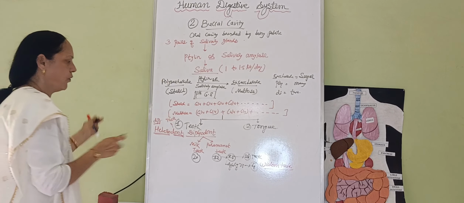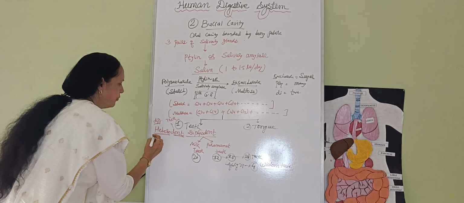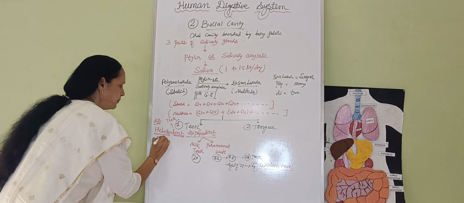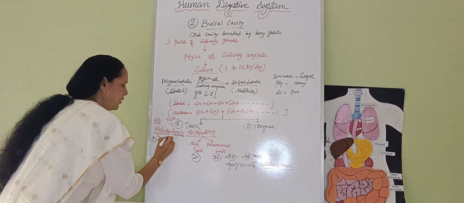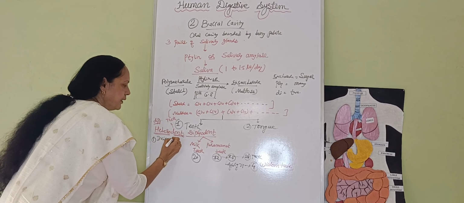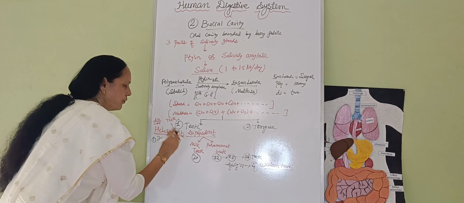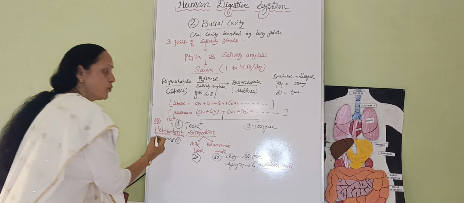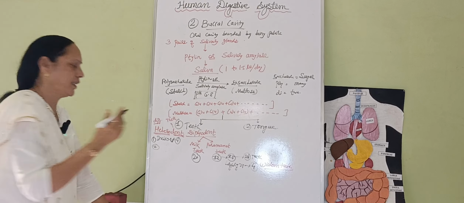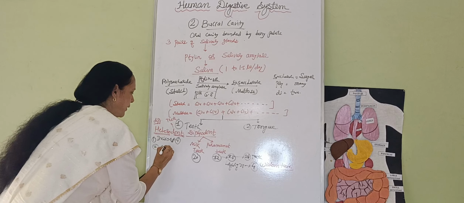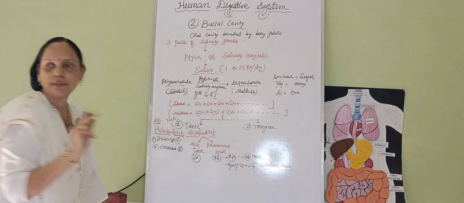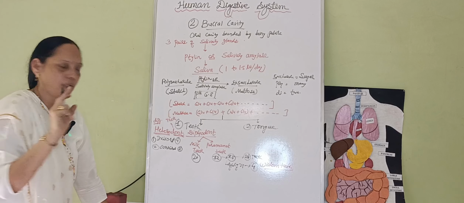So the first one is called incisor, 4 in number. Then next is the canines, which are 2 in number. Then the next one is the premolar.